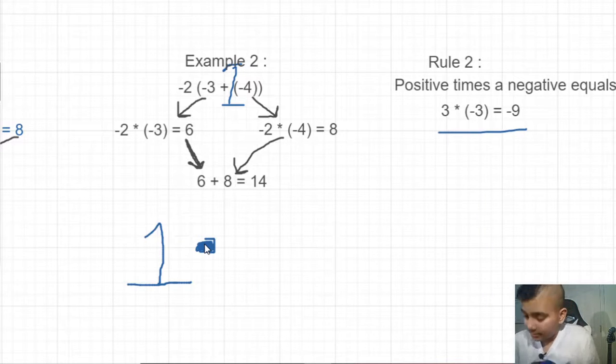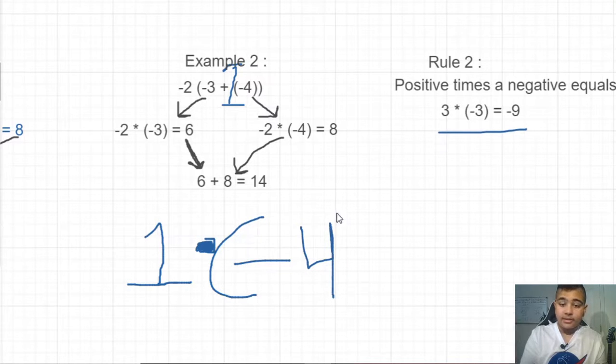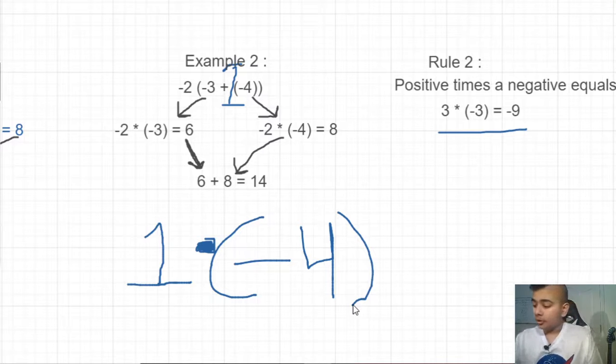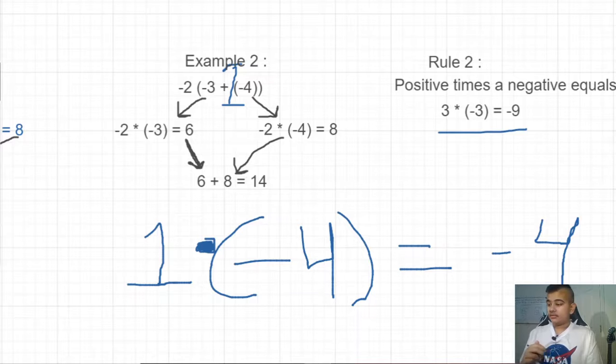So 1 times -4 will equal -4. As we said before, a positive times a negative equals a negative. So we have a -4 there. That's why you know it's -2 times -4 in parentheses. So it will equal 8, and 6 plus 8 will equal 14.